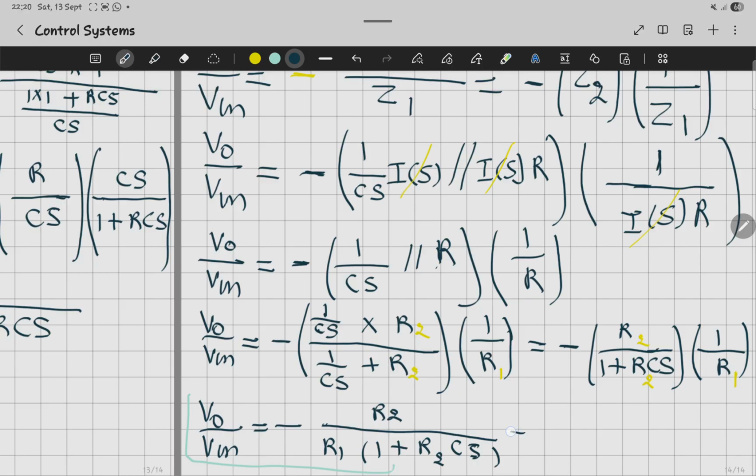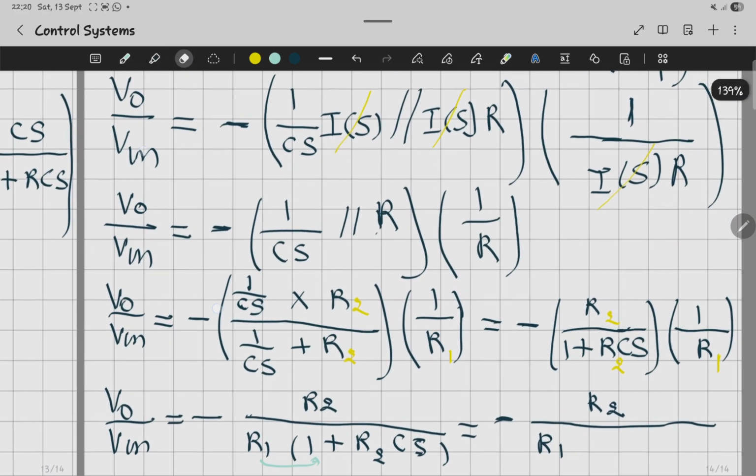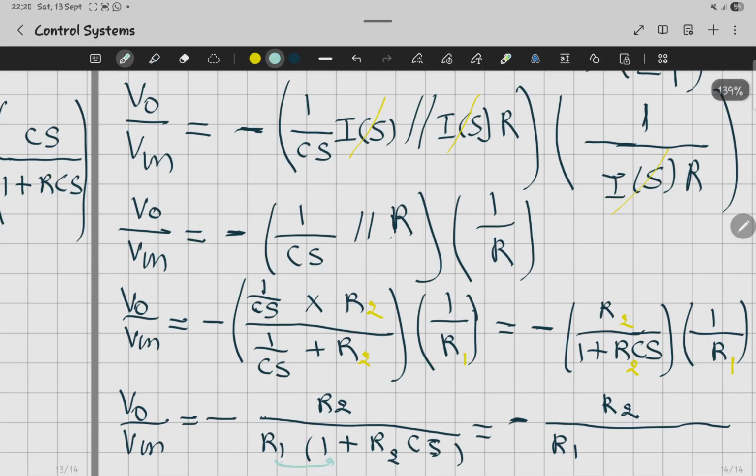And if I have to write it correctly, it's gonna be something like this: negative R2 over R1. So it's gonna be like you multiply what you see inside here. So R is going to multiply everything that you see inside here. So that's what we're going to multiply here.